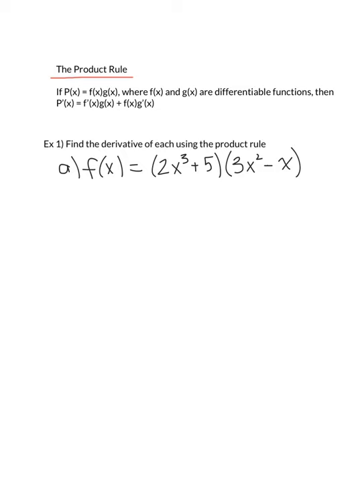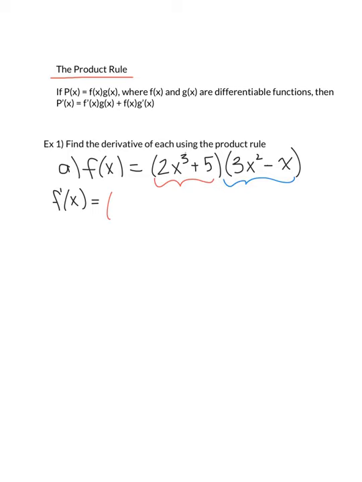So the product rule says that f prime of x is equal to, and I guess before I go on, I'm going to stop for a second. So this is our first function, and this is our second function. So f prime of x is equal to the derivative of the first function, so the derivative of 2x cubed plus 5.